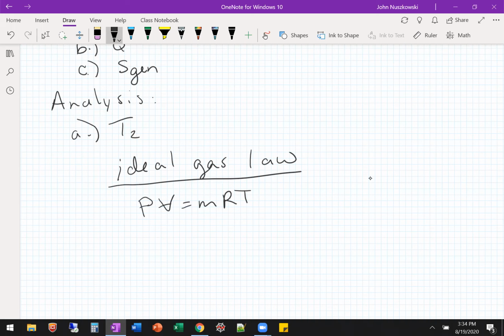What is being held constant here? Volume, yeah. And obviously mass, because it's a closed system, and the gas constant.